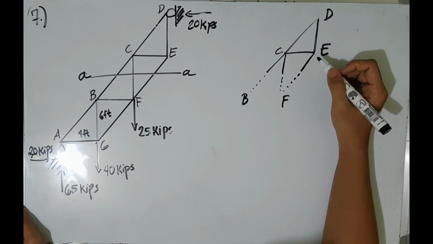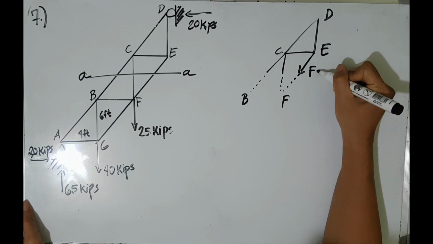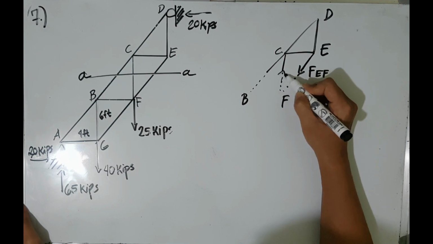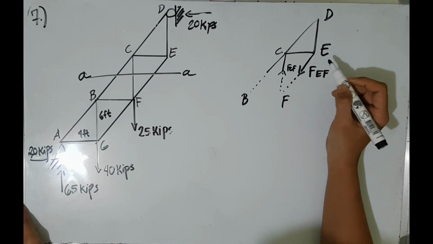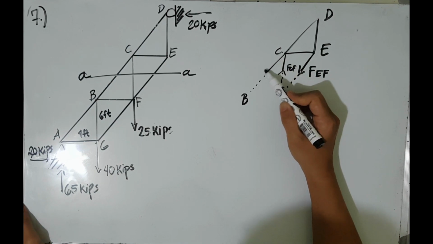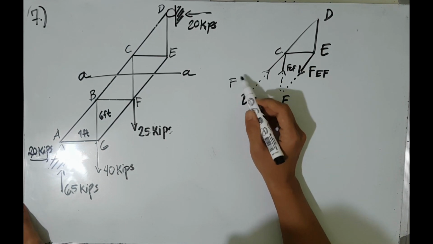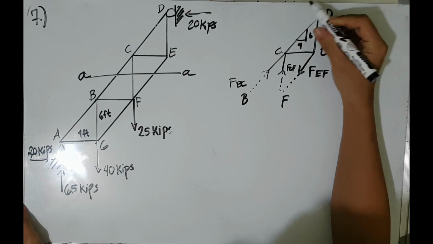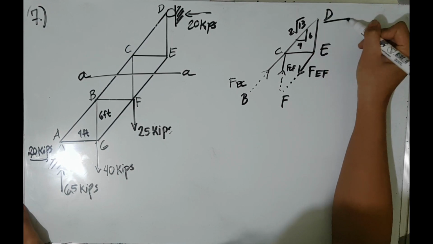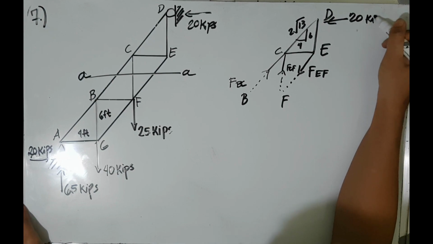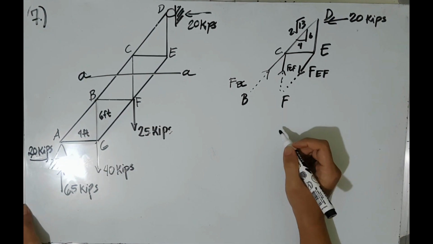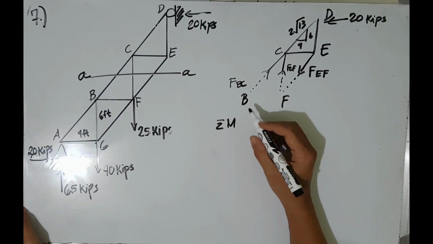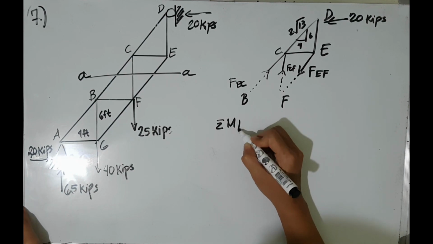So we will solve the internal forces acting on the members. So to begin, we will start by taking the summation of moment at joint F is equal to 0, clockwise positive.